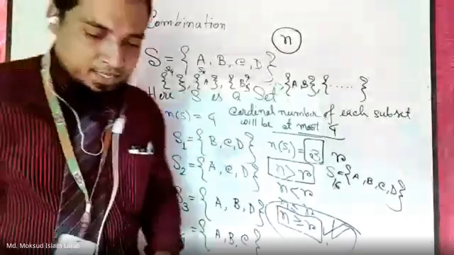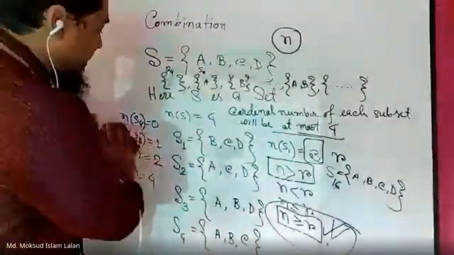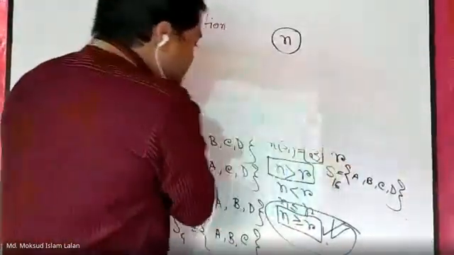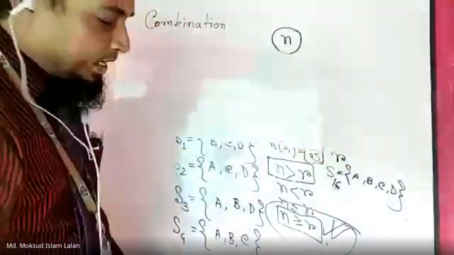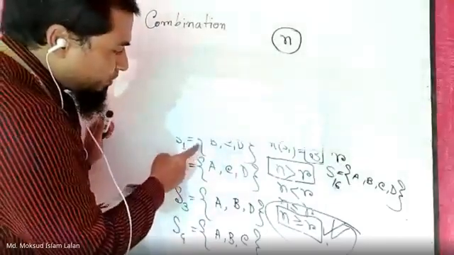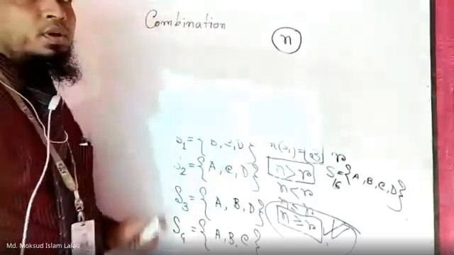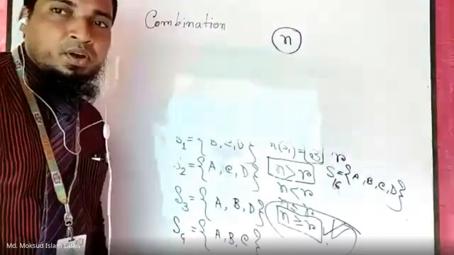Clear. So now coming to the relation, dear student, coming to the point that we have defined, what is actually combination. This combination, how many combinations did we get? S1, S2, S3, S4. There are 4 combinations we got.